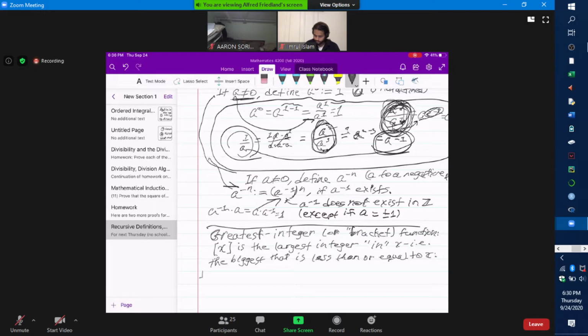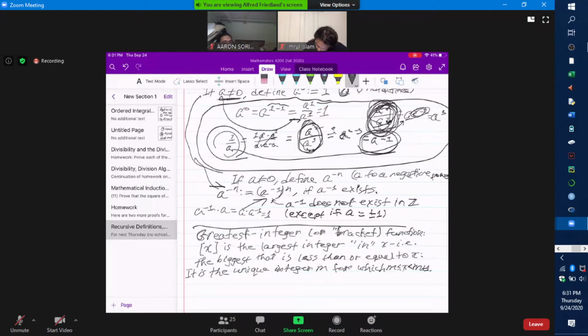Or to put it another way, it is the unique, meaning just one, the specific integer m such that m is less than or equal to x is less than m plus 1.